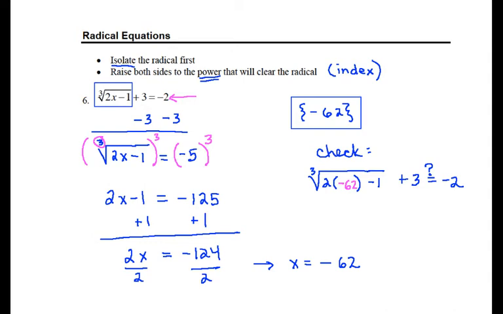And all we do is evaluate both sides to see if we get a true statement. So this gets me the cube root of negative 125 on the left-hand side, plus 3 equals, and we're still looking at this with a question mark over it to see if it's true. This turns into negative 5 plus 3 equals negative 2, which of course we can verify is a true statement.